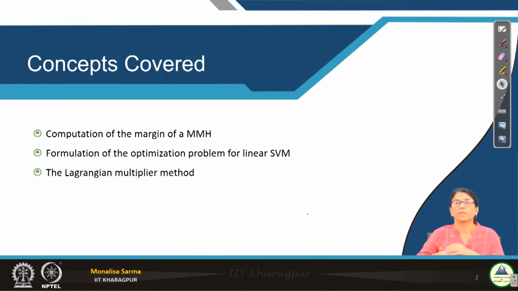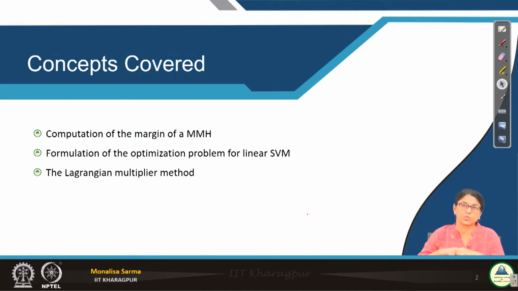Until now we were just discussing binary classification only, a classification of two classes. In this context, in this class we will be covering how to compute the margin. We have seen what the maximum margin hyperplane is. Now in this lecture we will see how to compute the maximum margin hyperplane, MMH, and computing this maximum margin hyperplane can basically be formulated as an optimization problem.